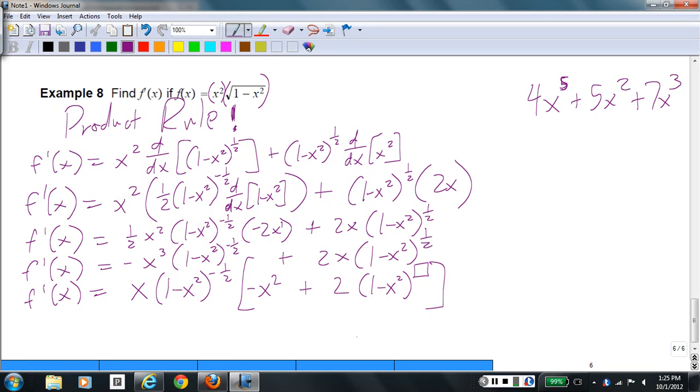Negative 1/2 plus what will give me positive 1/2? 1. Do we have to write the 1 or not? As long as you know that it's there, you don't have to write it. So I'm going to erase it, because I know it's there. There. So 1 minus x squared.